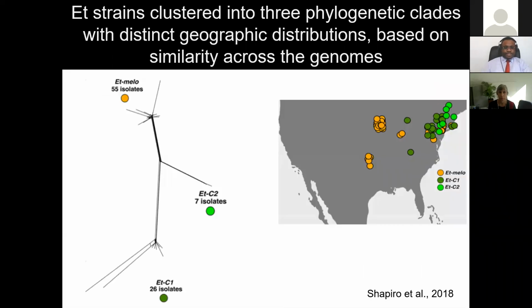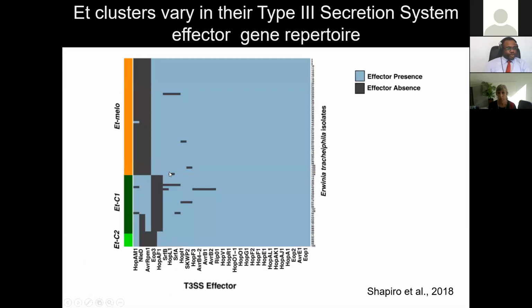We also know that the Erwinia tracheiphila strains clustered into three phylogenetic clades with distinct geographic distributions based on similarity across the genomes. The Et-melo clade that we can see here is exclusively the melon strains. Remember, the melon strains cause rapid wilt on melon, and the squash strains cause rapid wilt on squash. Whereas the Et-C1 and Et-C2 clades contain the squash strains.